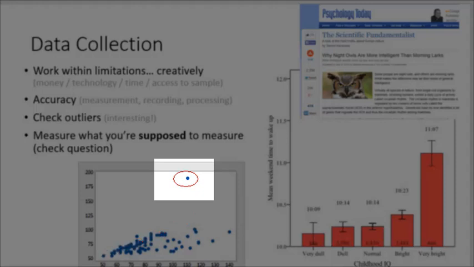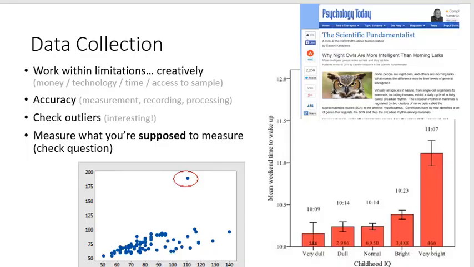The other reason to always check the outliers is that they can be the most interesting. This individual may have a trait that is very unique and might be more interesting than all these individuals down here. An incident like this occurred with a Duke researcher a few years back. He was researching cancer and had to inject lab rats with a chemical to give them cancer.